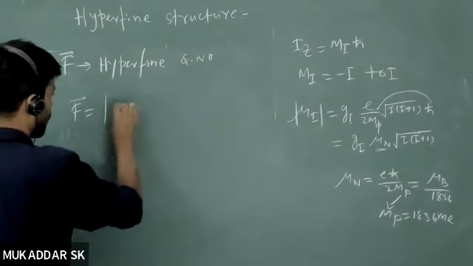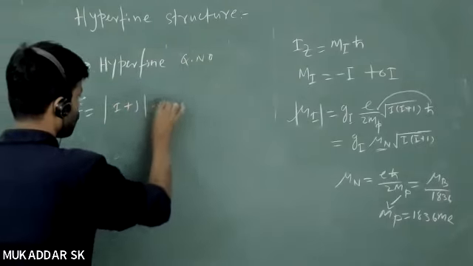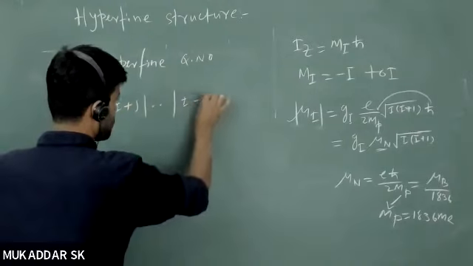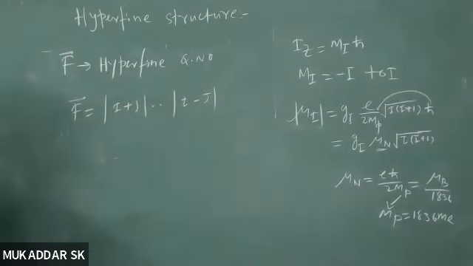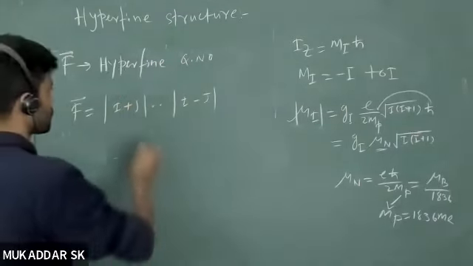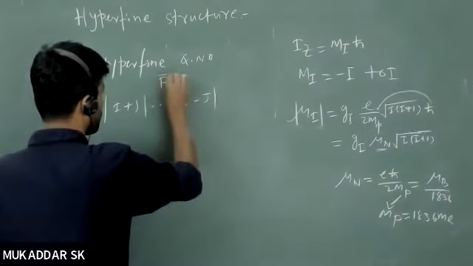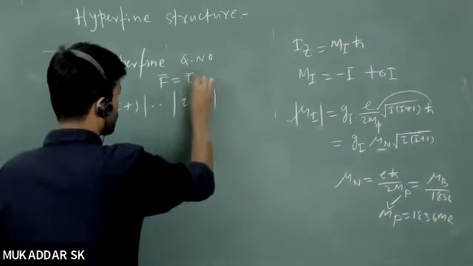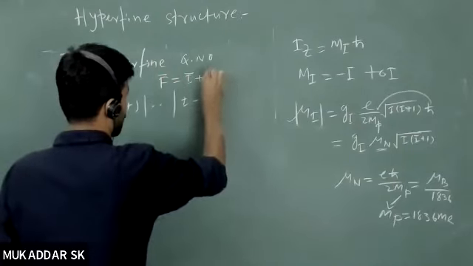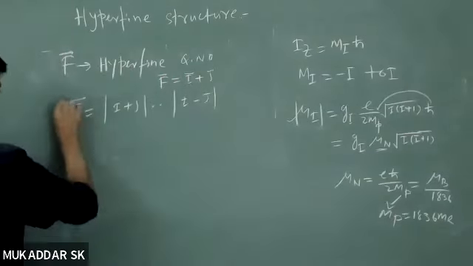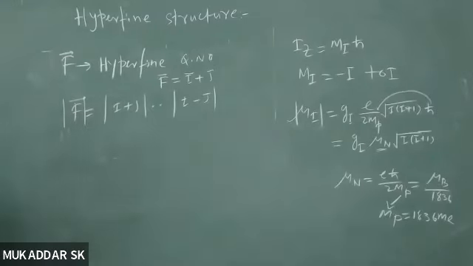Mod I plus J to mod I minus J. In vector form, it will be F equals I vector plus J vector, and its magnitude will be like this. So there is a further splitting of energy level due to I and J interaction. I is nuclear spin and J is electronic total angular momentum.